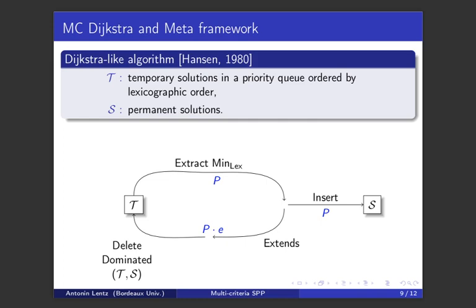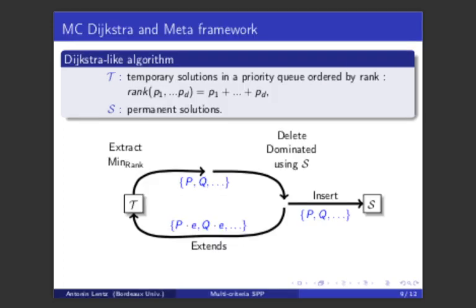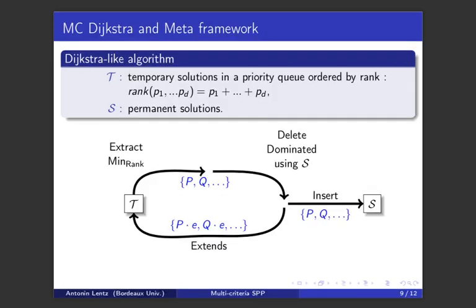We propose two modifications for META. The first one is that in order to extract the minimum by lexicographic order, we remove the minimum by rank. The rank is just the sum of the coordinates. Thing is that there might be a lot of paths that share the same rank, so you can remove several of them at the same time. The second modification is that you remove dominated path while leaving the temporary path and not while entering as before.